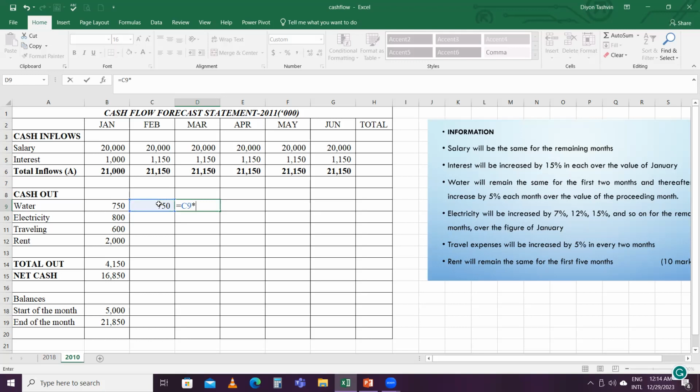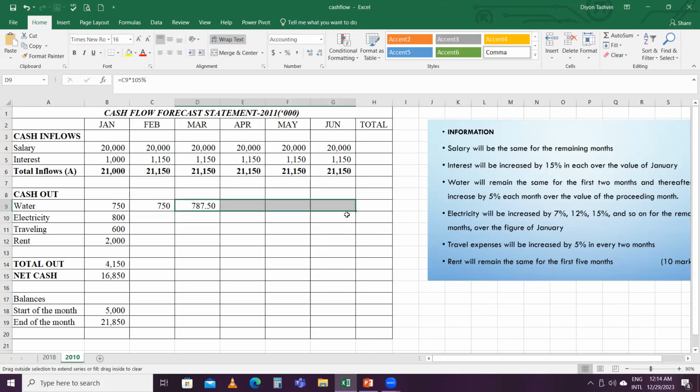5% means we have to multiply it by 105%, because we are going to add it to the 100%. Then we can drag it up to June.